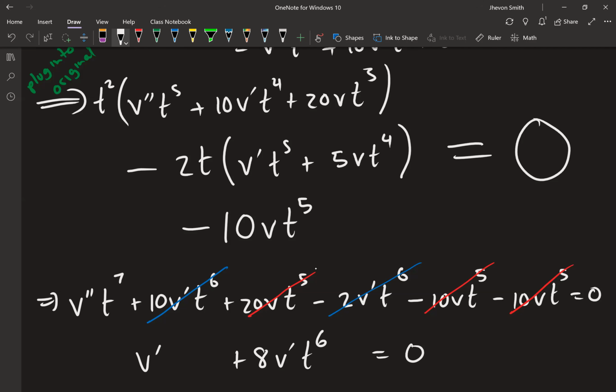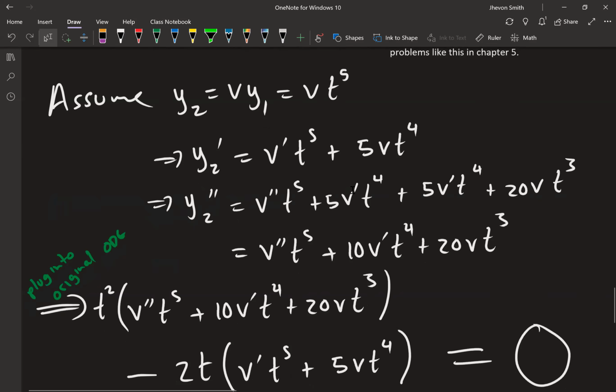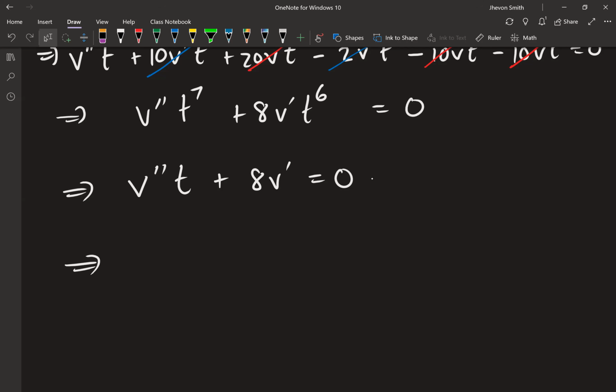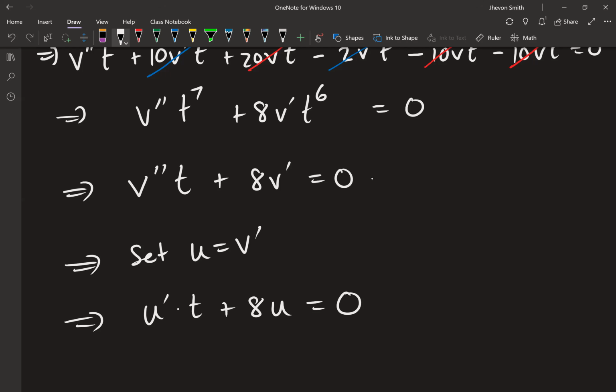Then I have the v double prime t to the seventh. Notice that my t is positive, it's not 0, so I can divide through by t to the sixth. Now here, I can just set u equals v prime, and we end up with the equation u prime times t plus 8u equals 0.